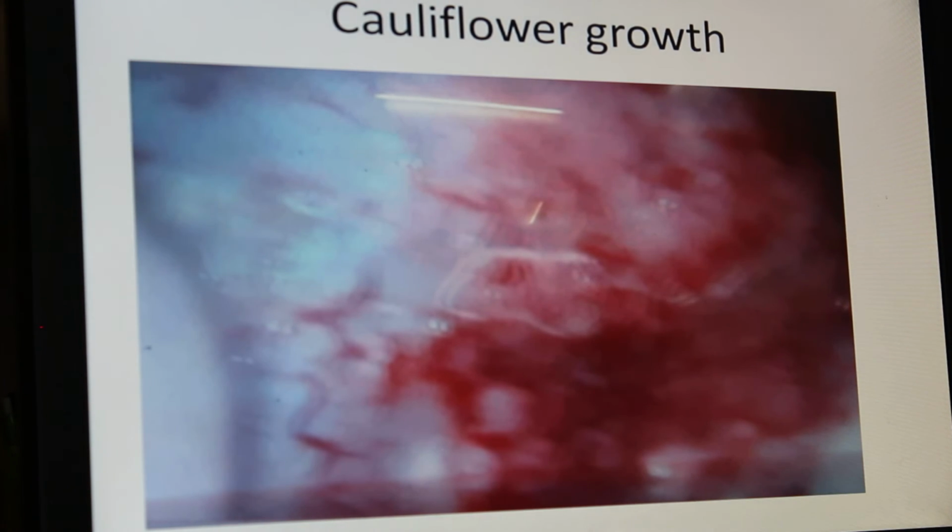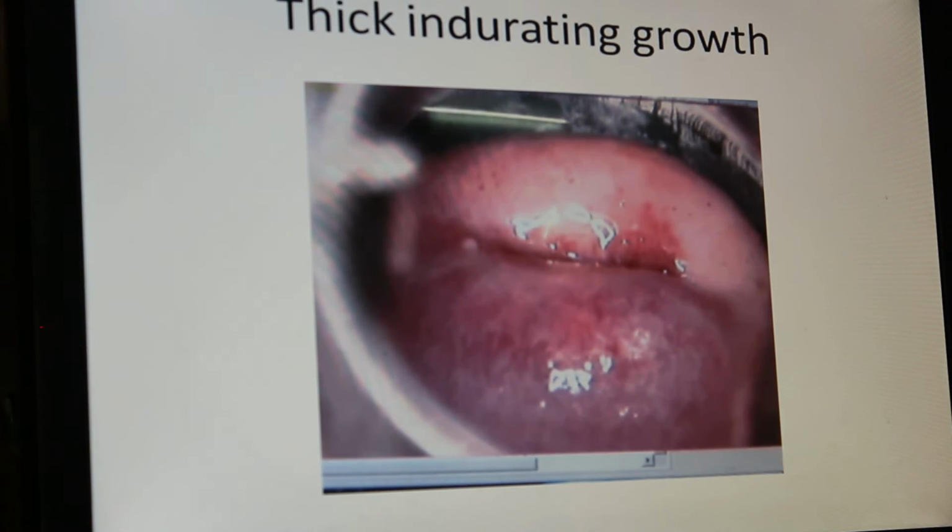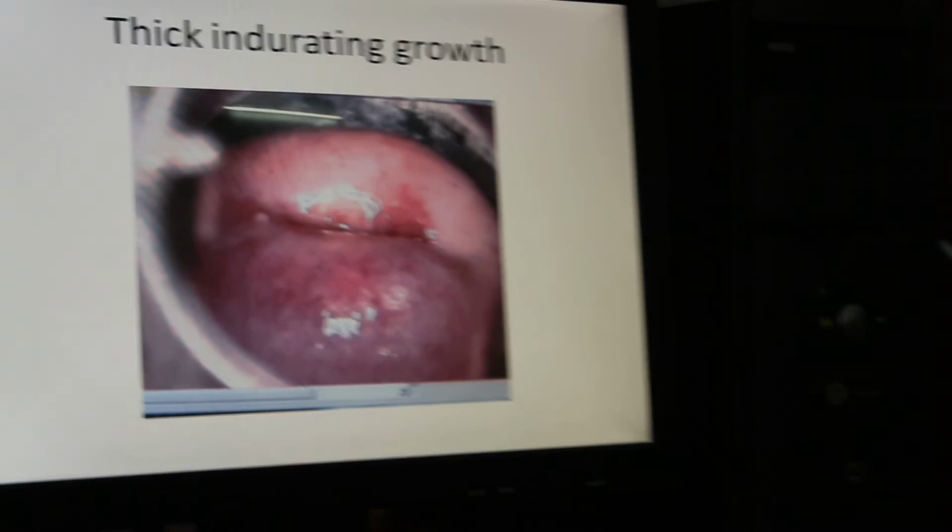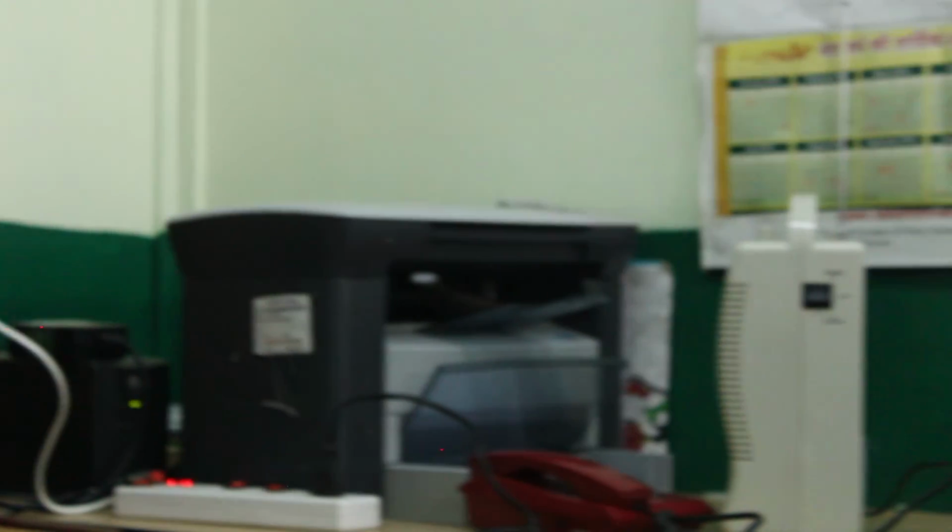This is a cauliflower growth, this is a hard indurating growth, and the third type is identified in the ulcerative lesion. So what types of growths are there on visual inspection in cervical cancer? Hard indurating, cauliflower and ulcerative. The commonest is the cauliflower.